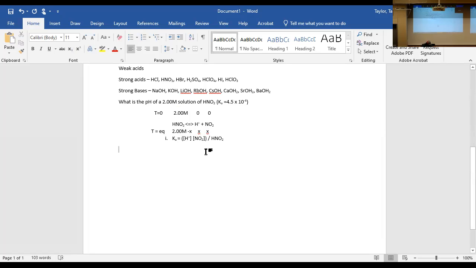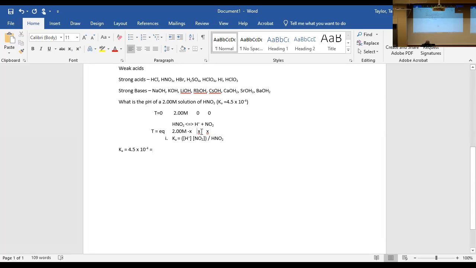So then we get into the math, the fun part. We know that the Ka from the problem is equal to 4.5 times 10 to the negative fourth. And from this equation right here, we need to plug in these values.